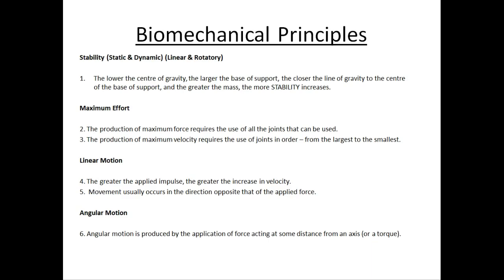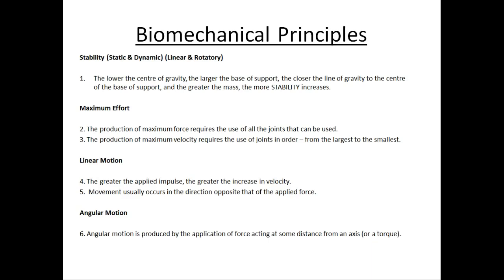So biomechanical principles. Stability: the lower the center of gravity, or the larger the base of support, the closer the line of gravity to the center of the base of support, and the greater the mass, the more stability increases. So maximum effort. The production of maximum forces requires the use of all joints that can be used.